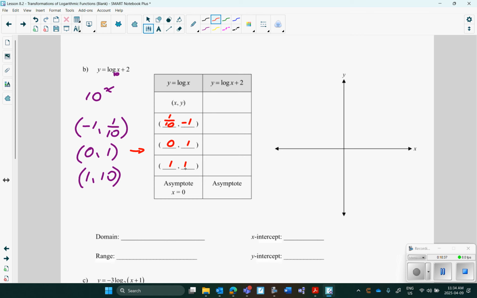Sorry, I've got to flip those. 1, 0. And x, y plus 2. So let's do, we got 1/10, 1, 1, 2, 10 plus 0, 3.